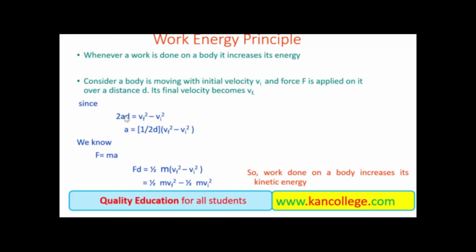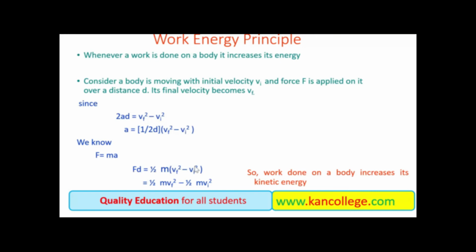So we replace s with d, which was moved by the body during the force application, and we take this value of d to the right side in the denominator using cross multiplication, and we get the value of acceleration from this equation. We know that force can be written as F is equal to ma, by putting the value of acceleration from here into this equation.